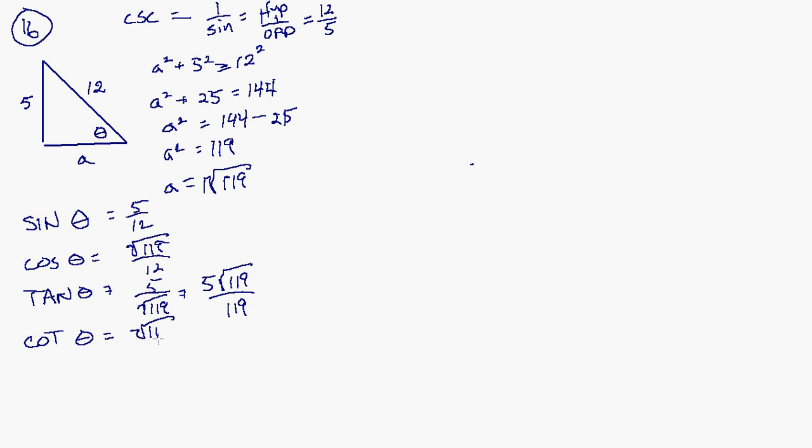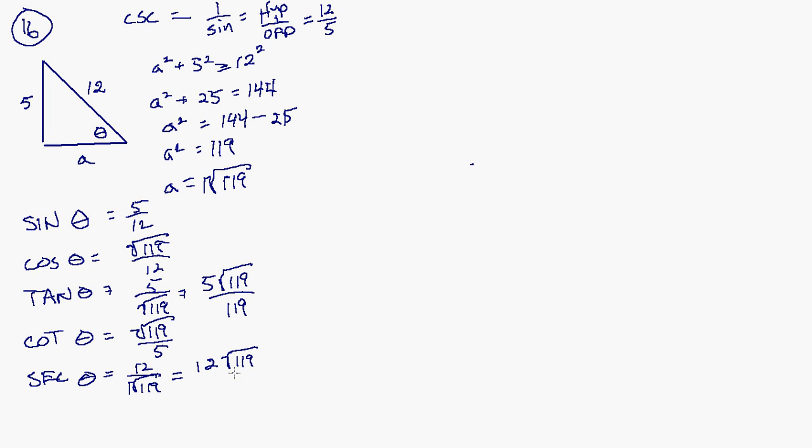We have the secant of theta, which is the reciprocal of cosine. So we have 12 over the square root of 119, which is equal to 12 square root of 119 all over 119.